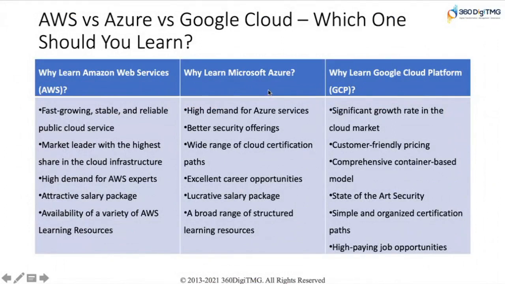There were other clouds like Alibaba, IBM, Oracle. These clouds are also used by enterprises, but only when the organization you are working in has a need, say for example, to have a database in Oracle cloud or in IBM cloud.